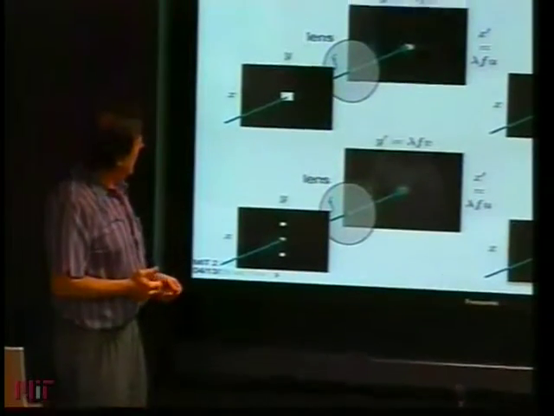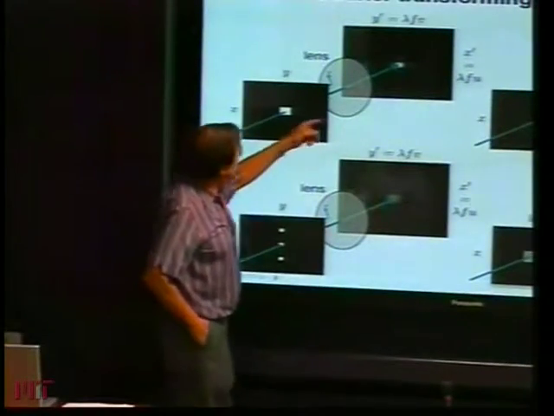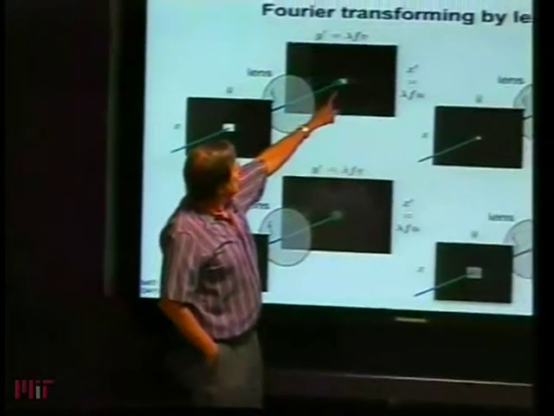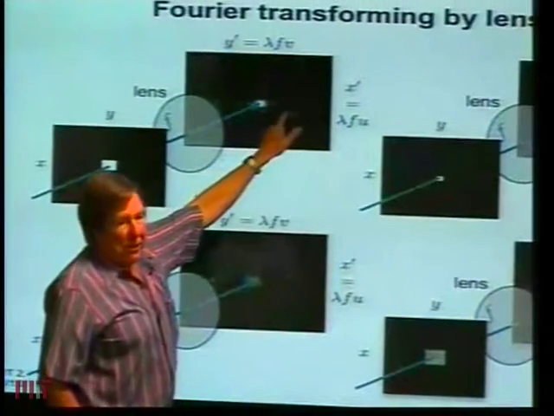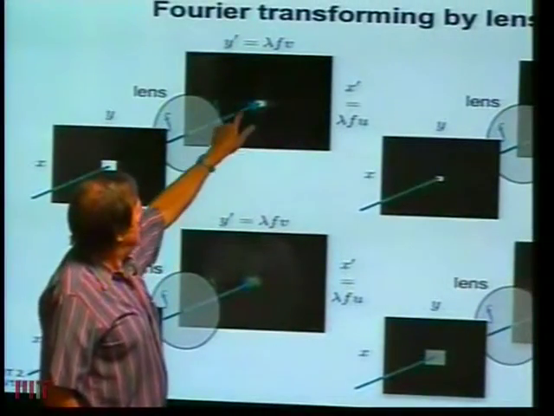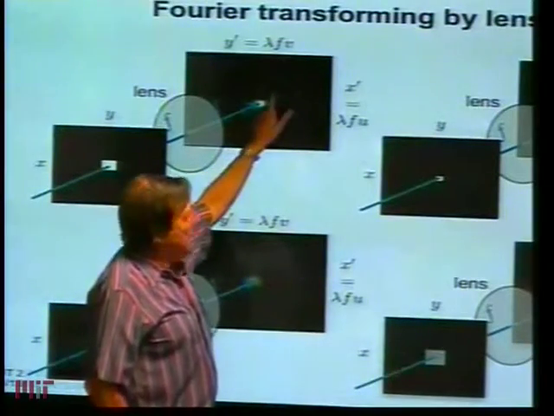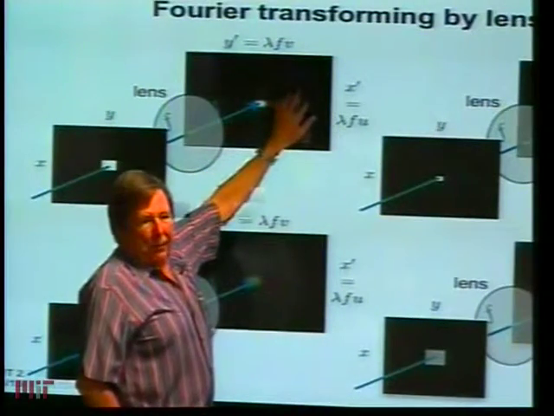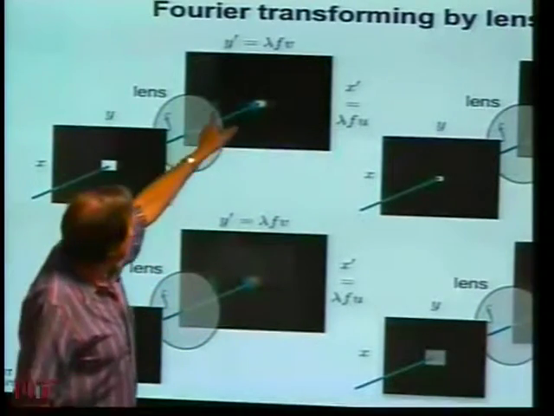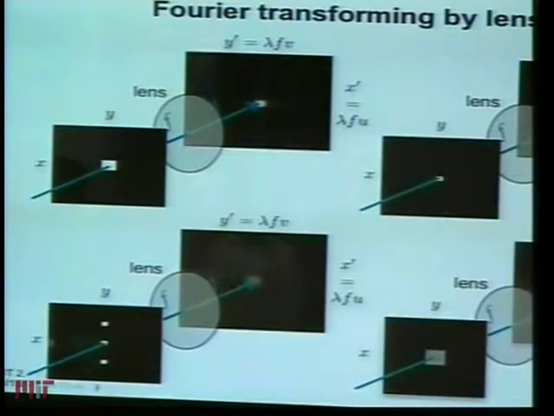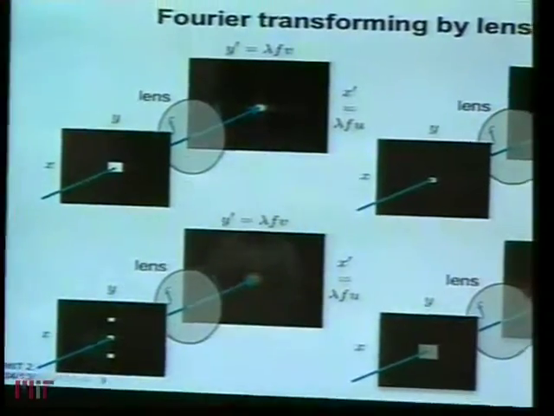So you'll notice this product of these two sincs gives a bright spot in the center, a series of bright spots along the axes. There are also some bright spots in this region here, but they're so weak that you can't actually see them. You can only see the ones along the axes. So that's the first example.